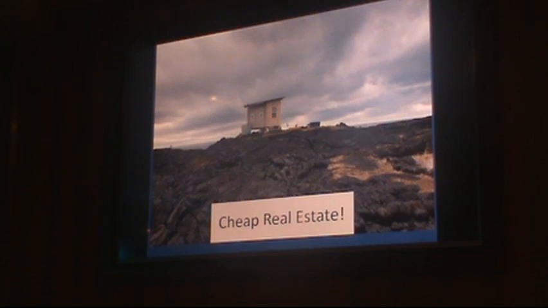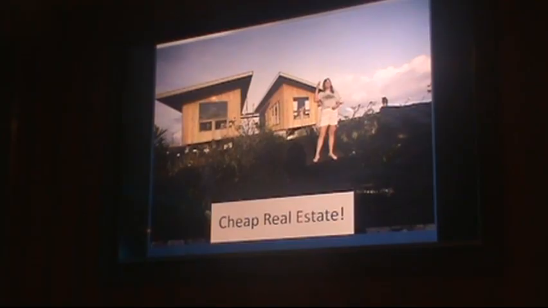But people do, and they buy this, and they will put a house on stilts right on the lava. And there you go. There's no electricity. There is no water. There is no sewage. There is no city hookup. You are self-contained while you're out there. But there you go. Beautiful.